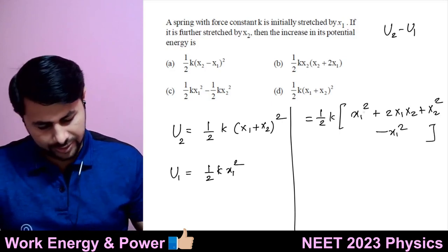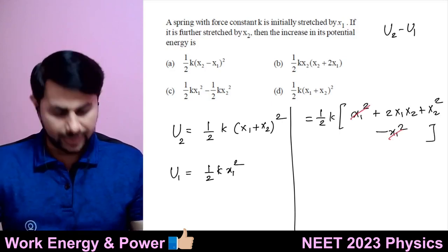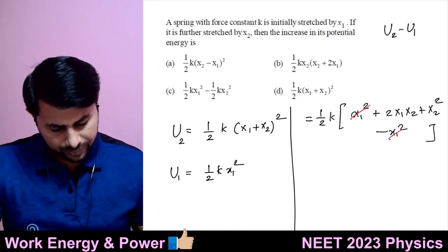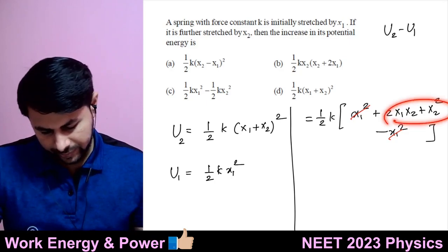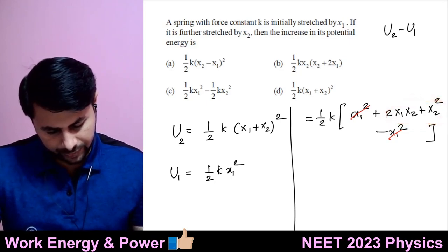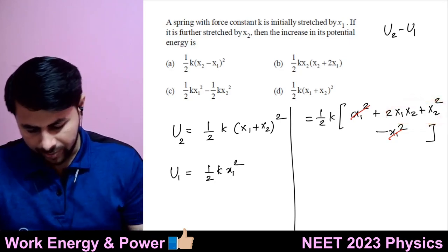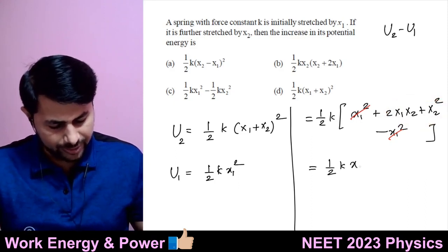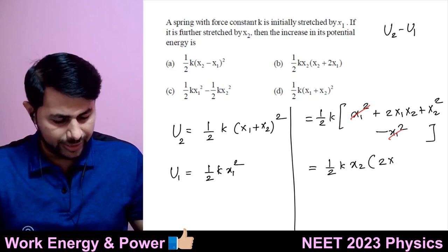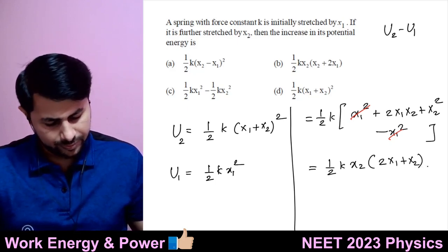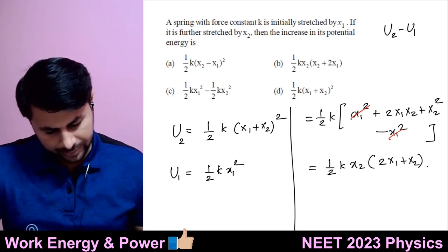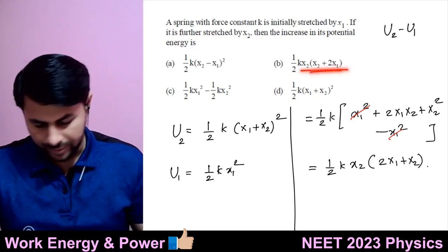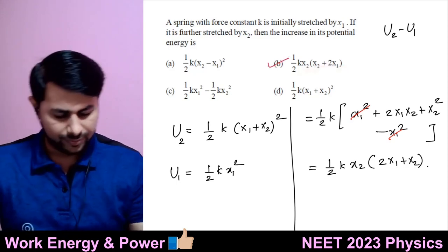So x1 square and x1 square get cancelled, and then we are left with half k multiplied by the remaining thing. We can take x2 common. So it is half k multiplied by x2 multiplied by (2x1 plus x2). So option B, it seems. Okay, option B is the answer.